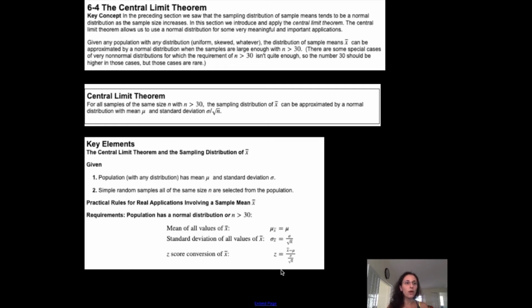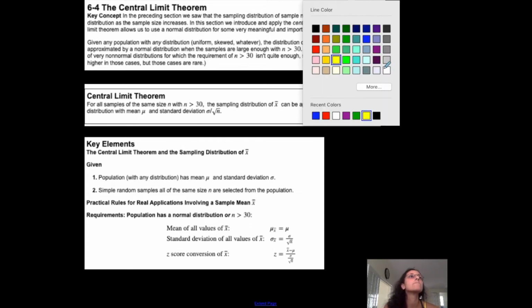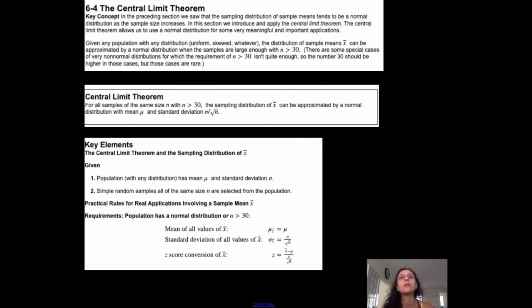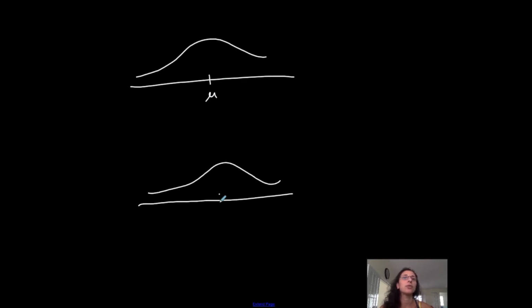Before, you guys saw a z-score represented like this. When I introduced z-scores, we had a normal distribution with a center, the mean, and a standard normal distribution with the center 0, and these were z-scores.